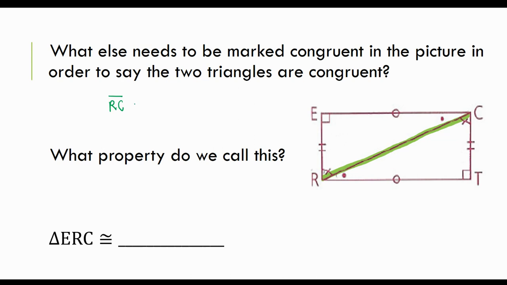So segment RC is going to have to be congruent to the segment, and so in this case, I'm going to say segment CR. Okay, so they are the same segments, but I have to have the letters flipped around this time, unlike in the other problem, because down here, well, it says what property do we call this? So the fact that these 2 are the same segment being congruent to each other, that's the reflexive property.